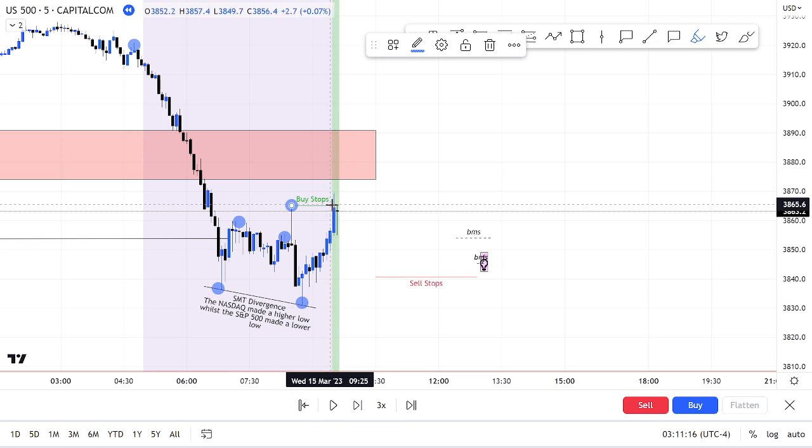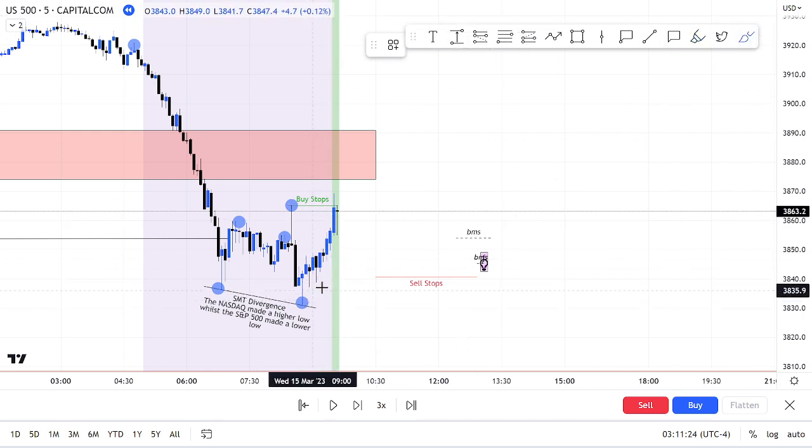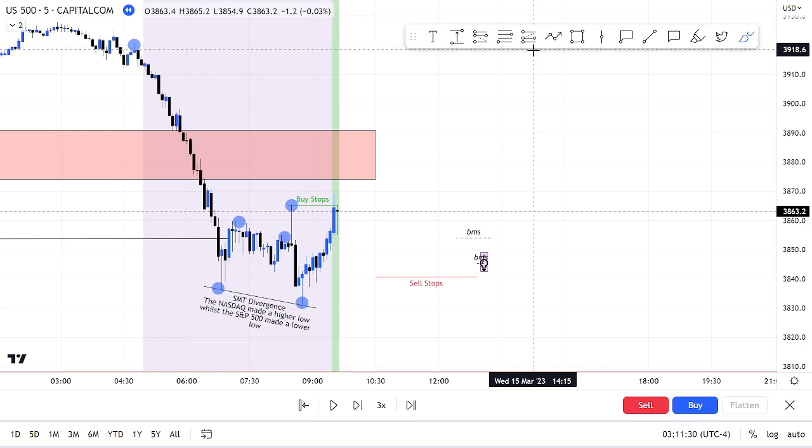I'm at that level because that was an area of liquidity I thought it would touch, and as you realize, it just went up right after it.